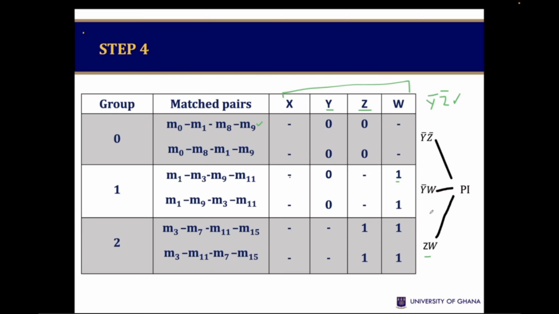So what we have obtained from our final table here are the prime implicants. Remember we spoke about the prime implicants?